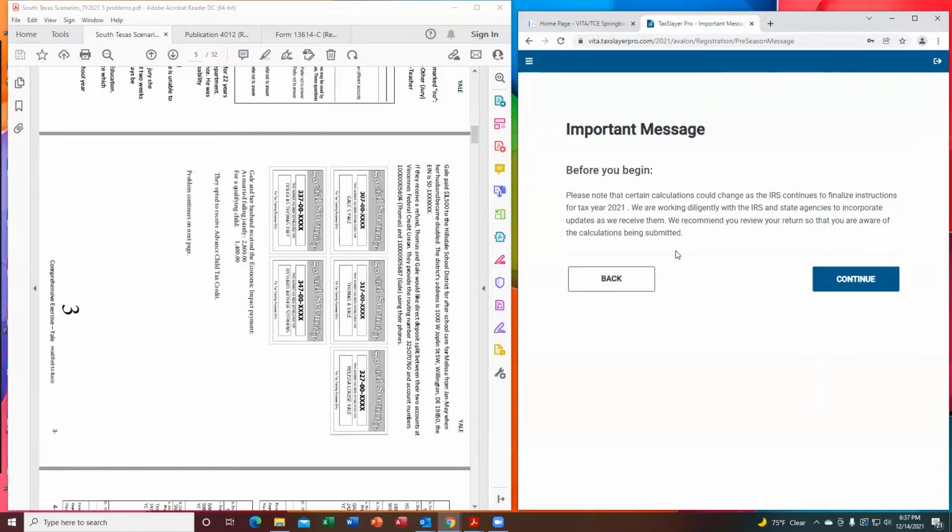Okay, and this area is just a message telling you that they're still working on and finalizing the information for tax year 2021, and that they continuously are making changes.